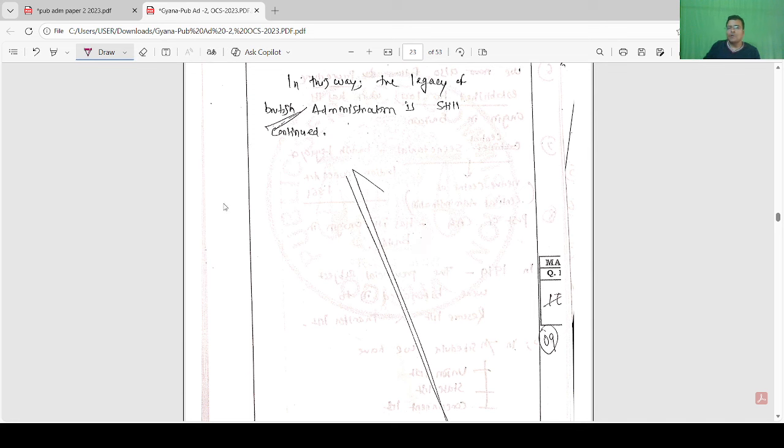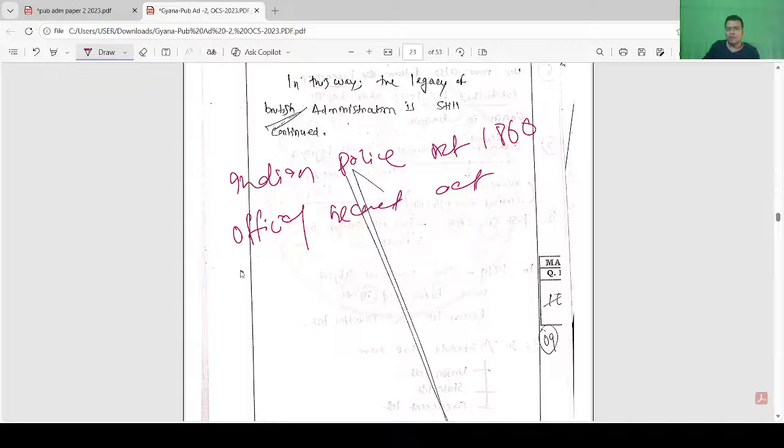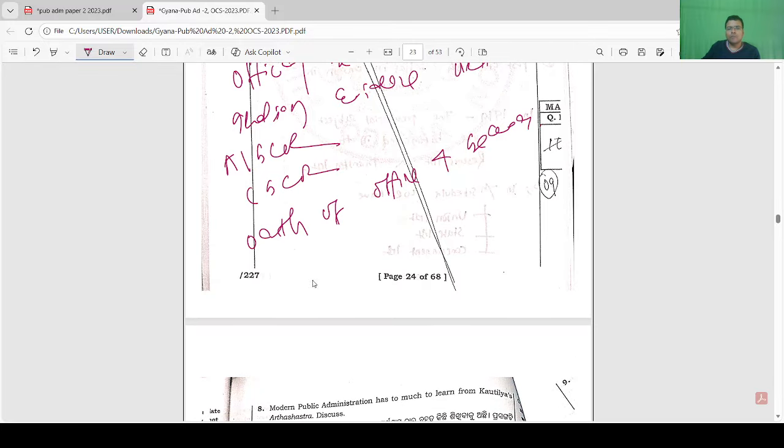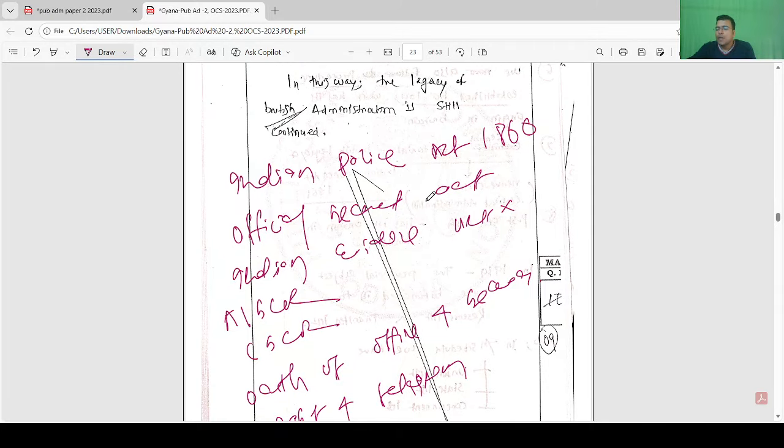See what else is missing in the Indian administrative system: Indian Police Act 1860, Official Secrets Act, Indian Evidence Act, All India Service Conduct Rules, Central Service Conduct Rules, oath of office and secrecy, post and telegram administration. Indian police is still running on the British Act, based on the Irish constabulary system.